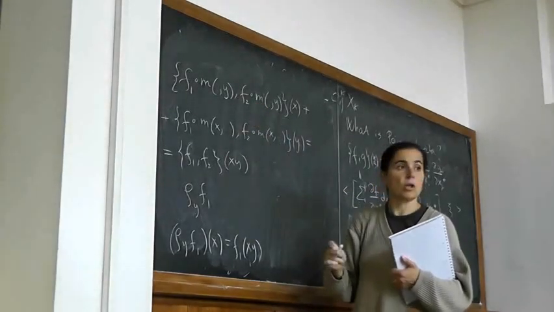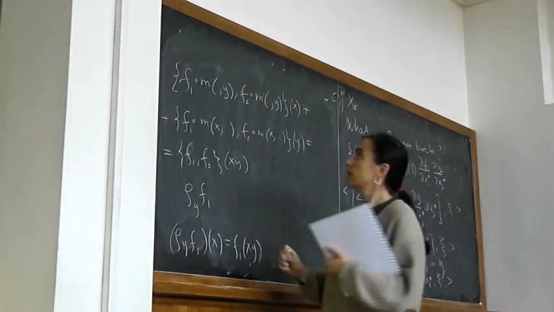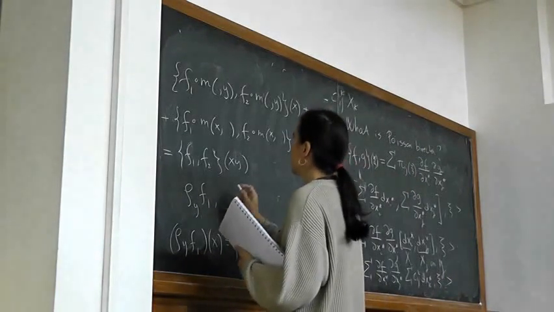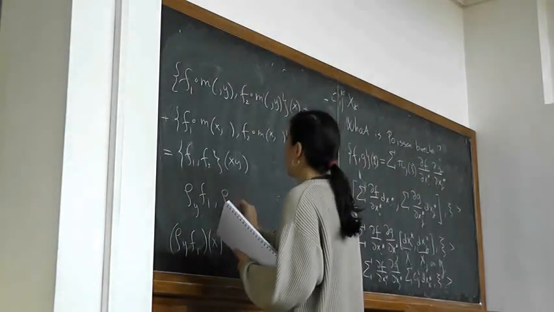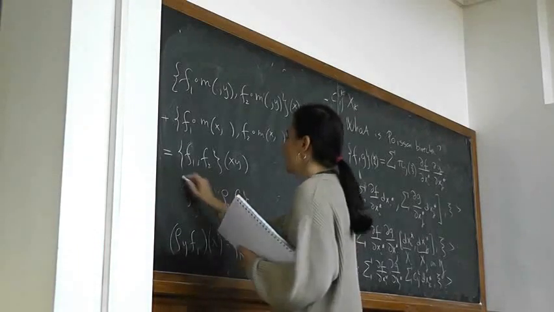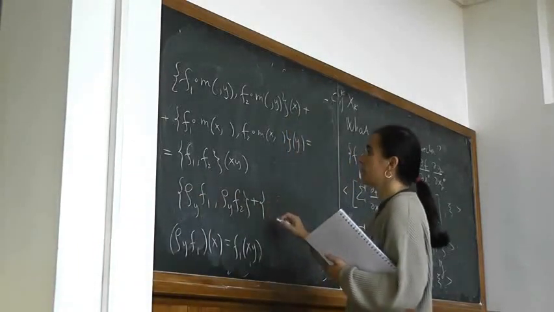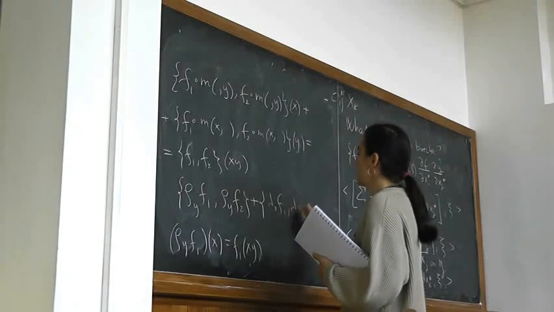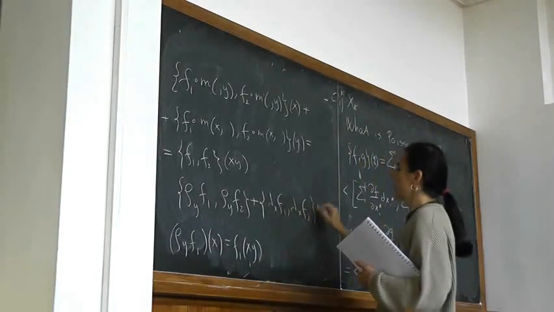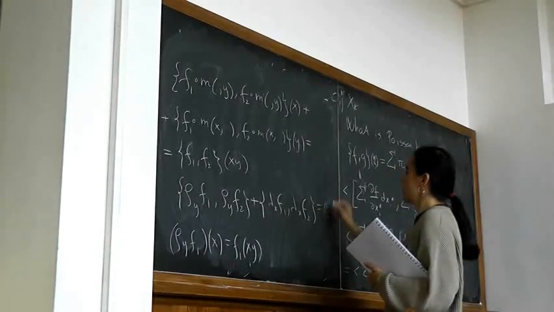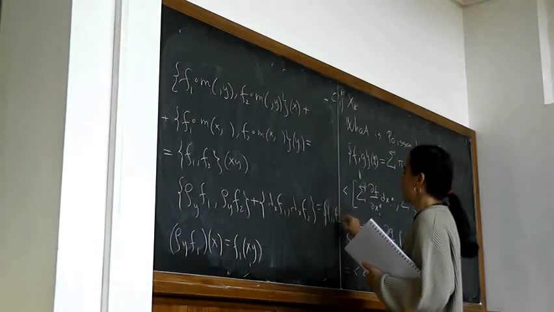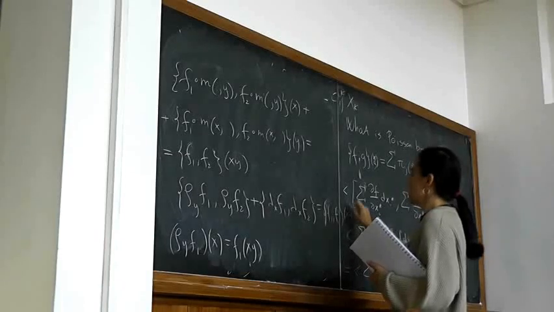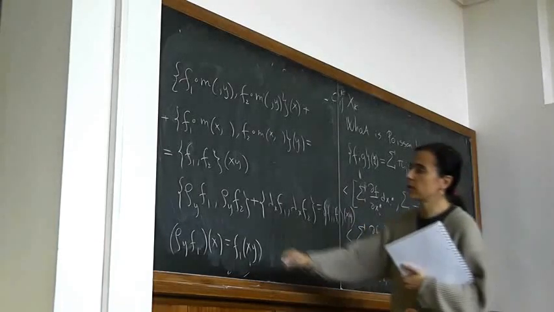It's kind of a way of writing, nothing very intelligent. It's rho y f2 and the same, plus lambda x f1, lambda x f2, equal to the bracket of f1, f2 at xy. So we have found this.